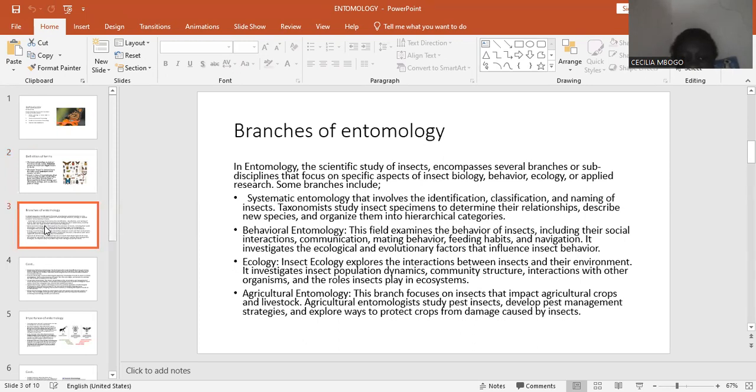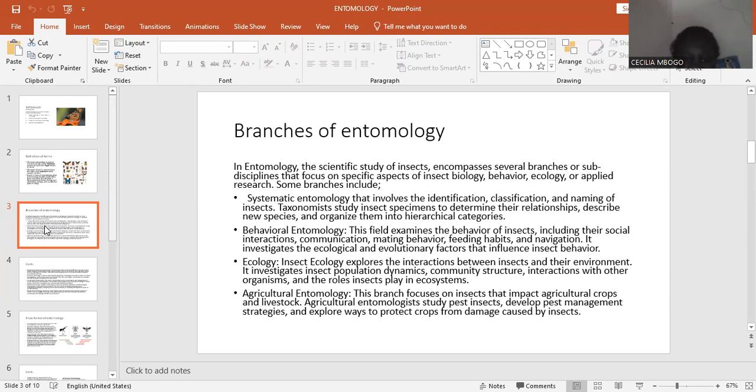The next slide is about the branches of entomology. So in entomology, the scientific study of insects encompasses several branches or subdisciplines that focus on specific aspects of insect biology, behavior, ecology, or applied research.